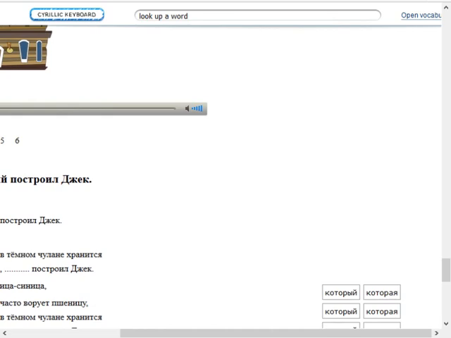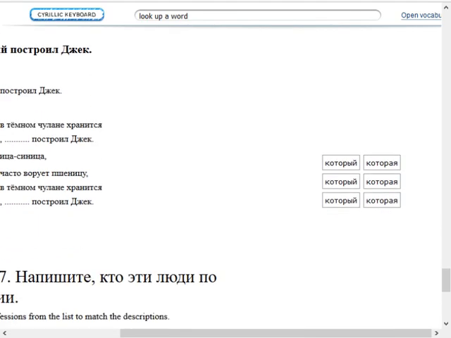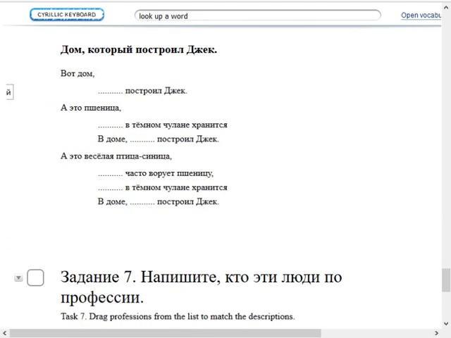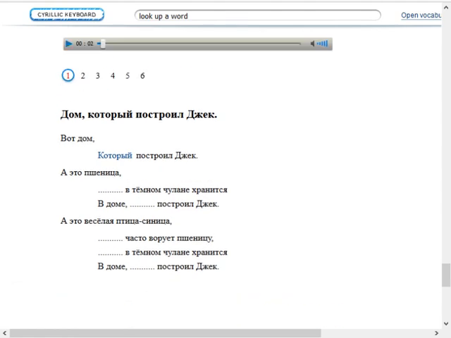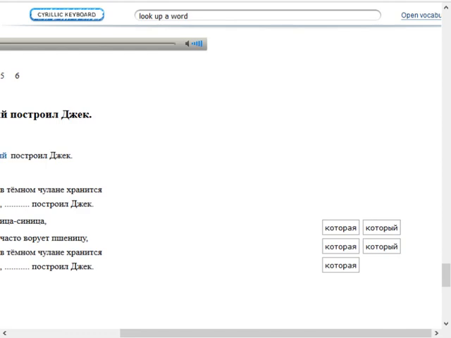Okay, вот дом, который построил Джек. So this is the house which Jack built. А это пшеница, которая в темном чулане хранится. Whoa, okay, hold on.